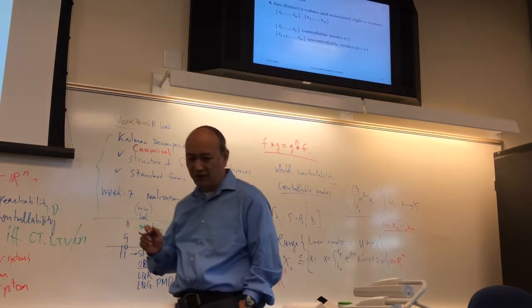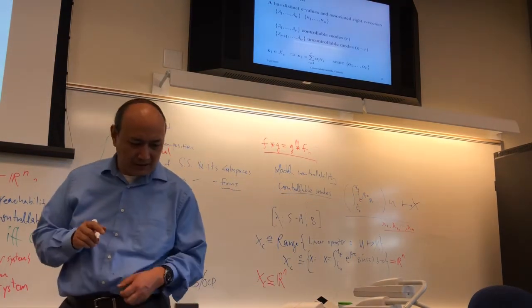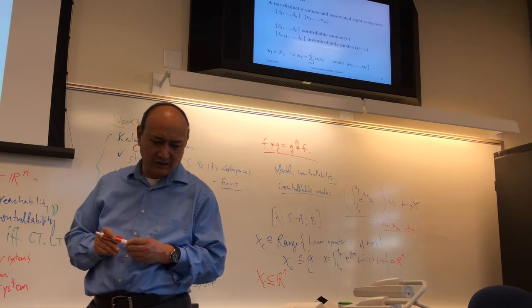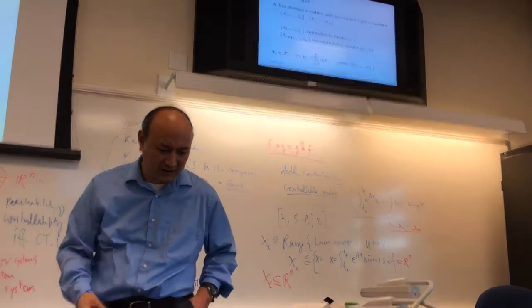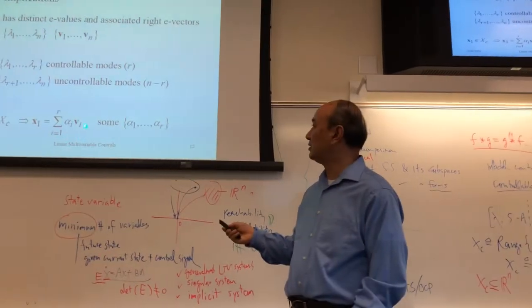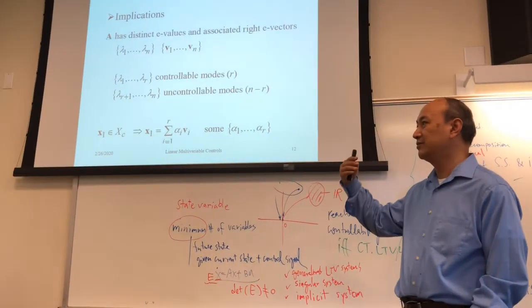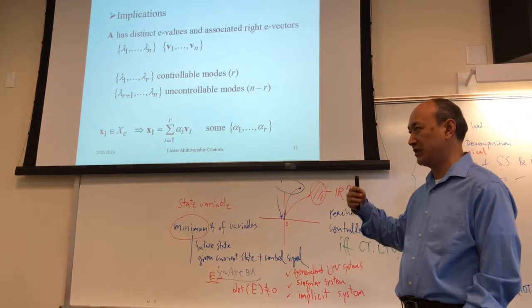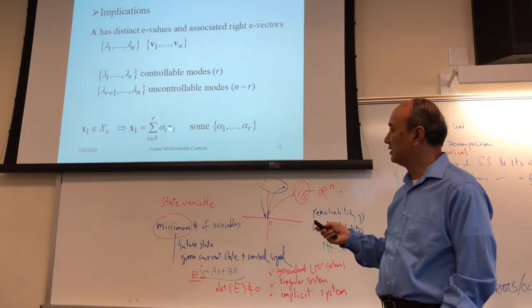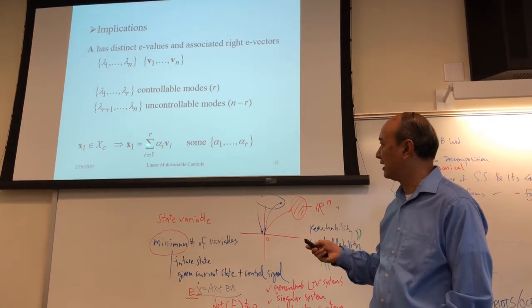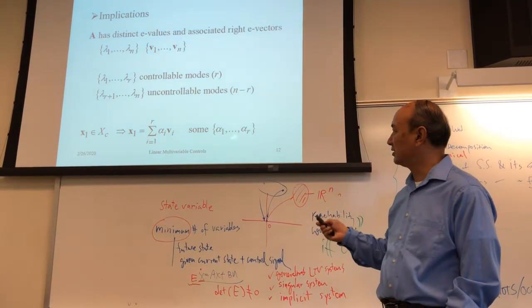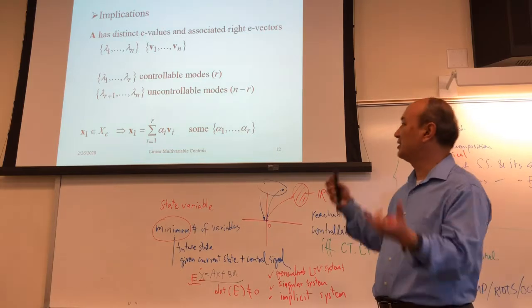So we want to understand what's in the XC, and we want to characterize it. Basically, for the r controllable modes, we have a corresponding right eigenvector Vi, and linear combinations of those span a space.